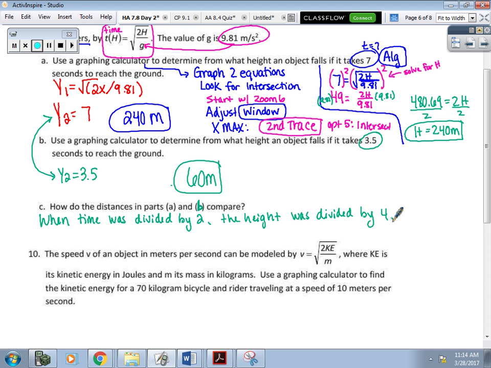And that has to do with the idea that you are square rooting 2 times the height, all divided by your g, which is your gravity. So when you take the square root of 4, that does get you back to 2. So that's kind of how that relationship is showing up.